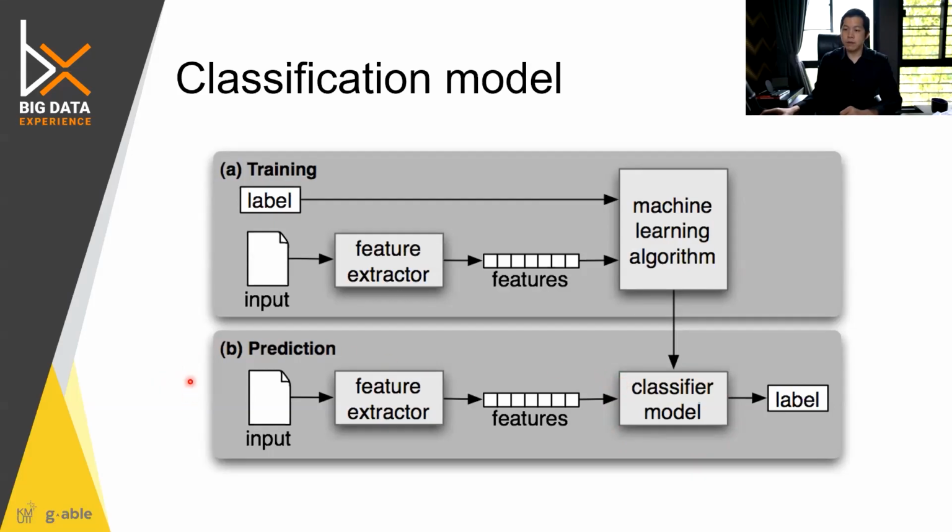And we would have input coming in, pass through the same feature extraction as above, and then make a prediction to get the predicted result.